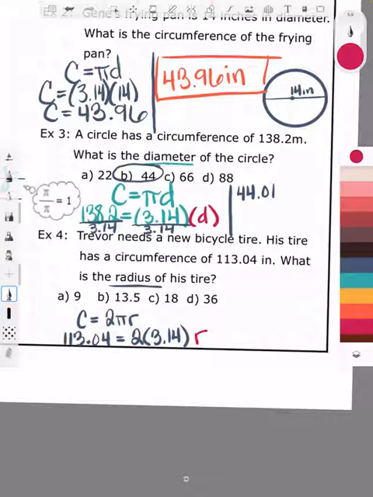Now I'm going to multiply 2 and 3.14, and that gets me 6 and 28/100ths, and that's equal to 113 and 4/100ths. The only thing left is to find r, so we're going to divide by 6 and 28/100ths on both sides.